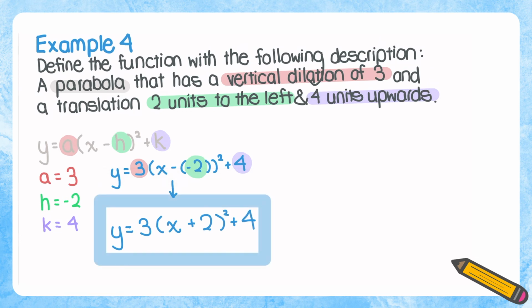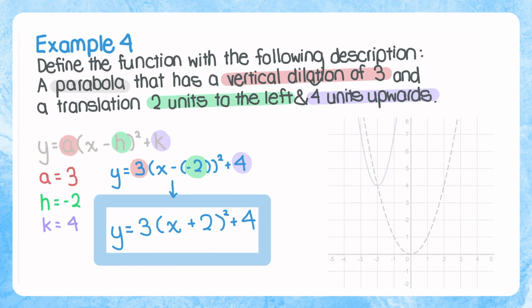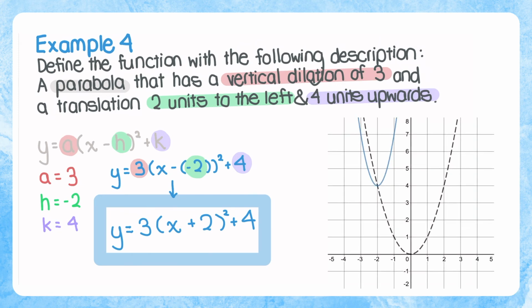So based off of our description, we define the function to be y equals 3 times (x plus 2) quantity squared plus 4. And to see if this is correct, you can always graph it on Desmos to check your work. Notice here we do have a vertical stretch, the a equals 3, and the parabola moved 2 units to the left and 4 units upwards.